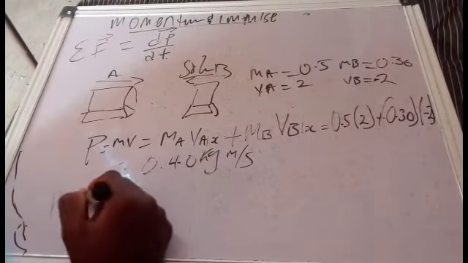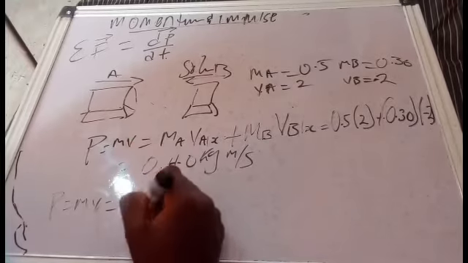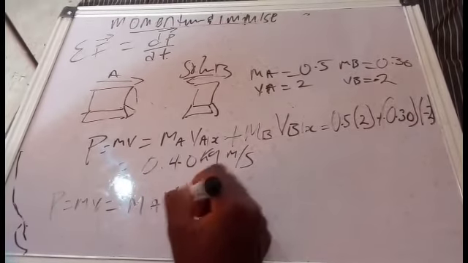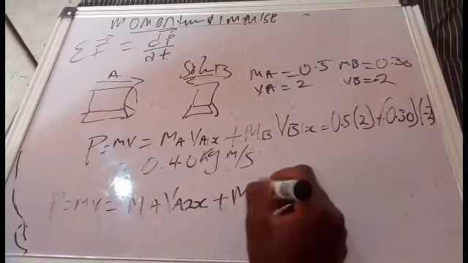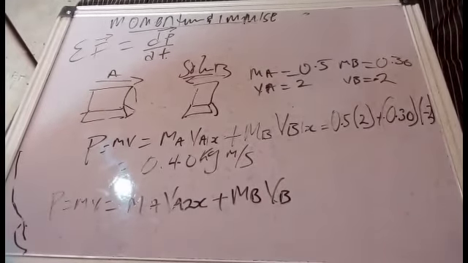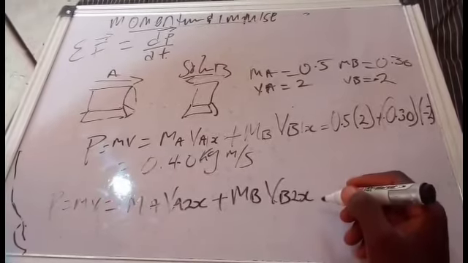The momentum is mv. This one will be m_A v_A2x after collision plus m_B v_B2x.